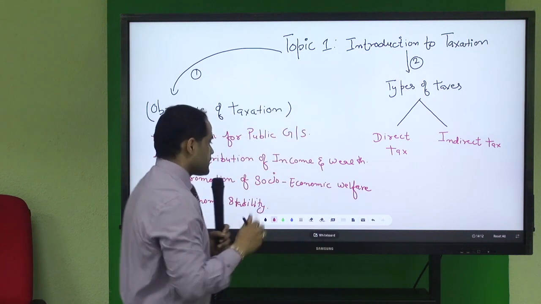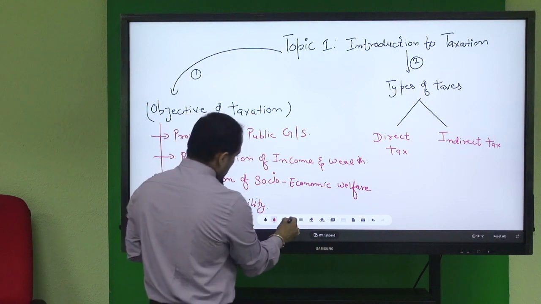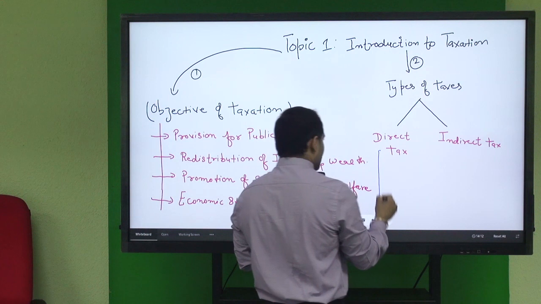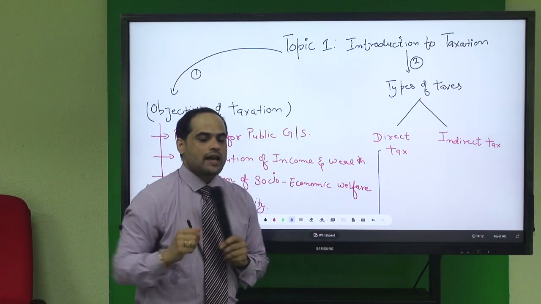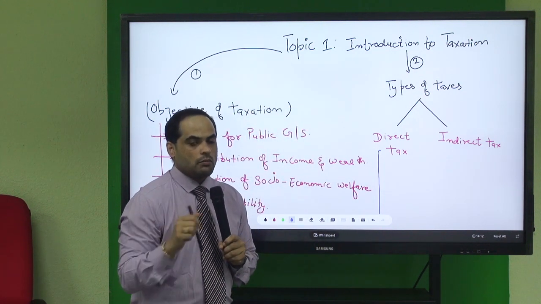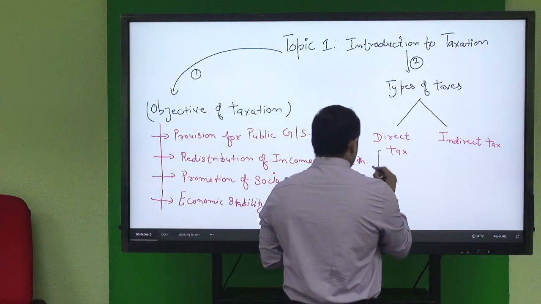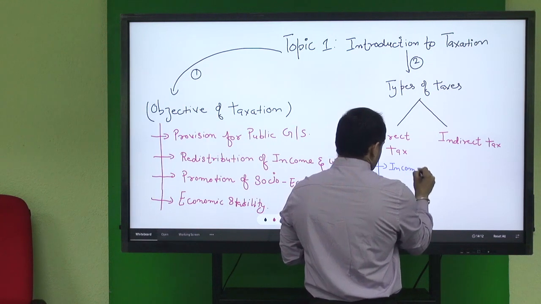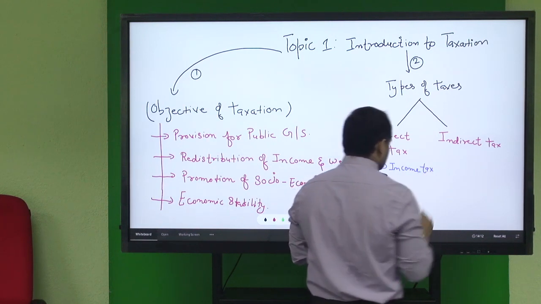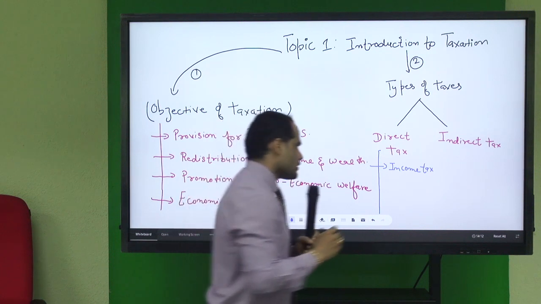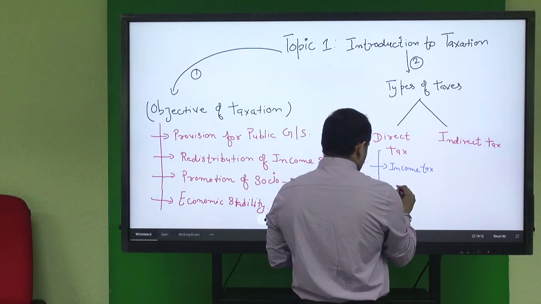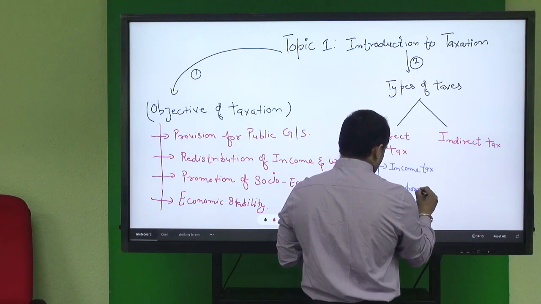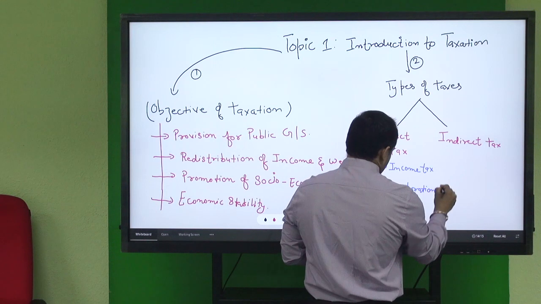Now, direct taxes. There are three types of direct taxes, and you are going to study these three types in this module. The first one is income tax. The second one is corporation tax.